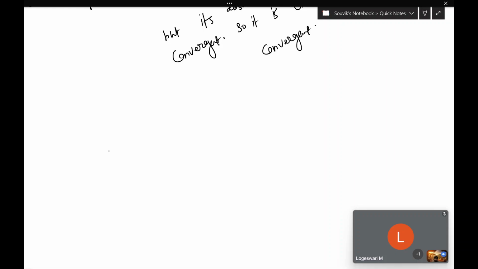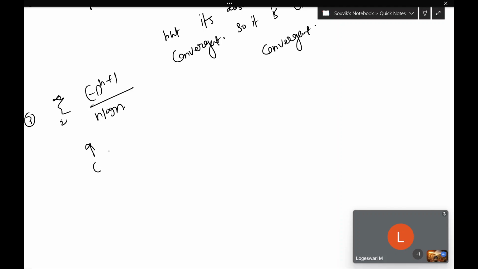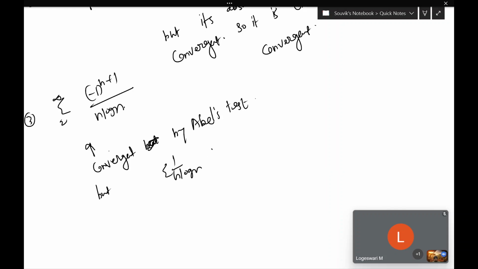So now consider the third example. The series from 2 to infinity of (-1)^(n+1) by n log n is convergent by the Leibniz test. The series summation 1 by n log n is divergent.